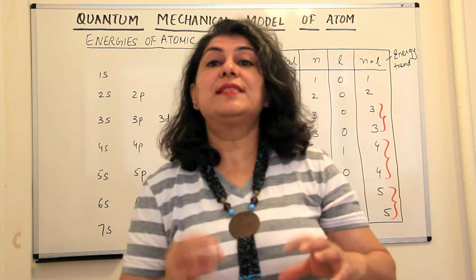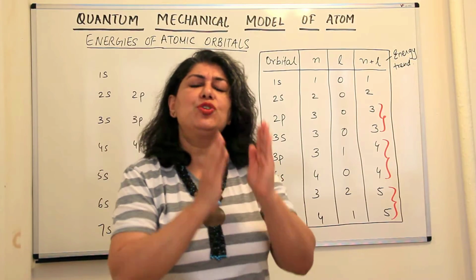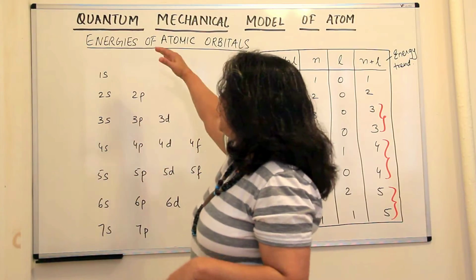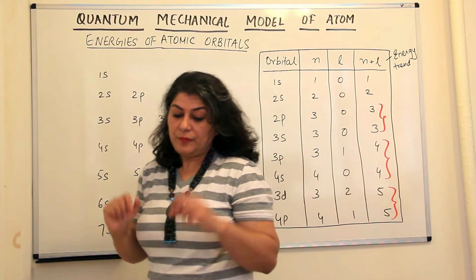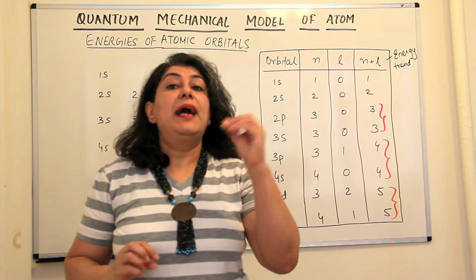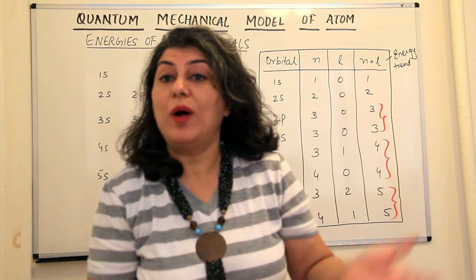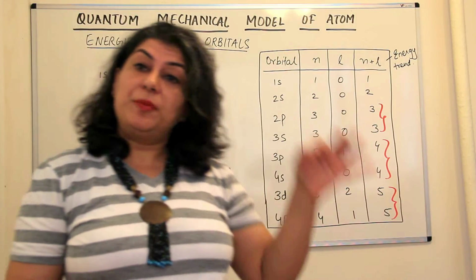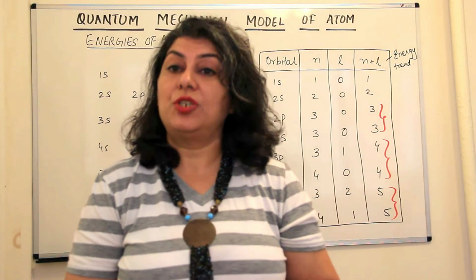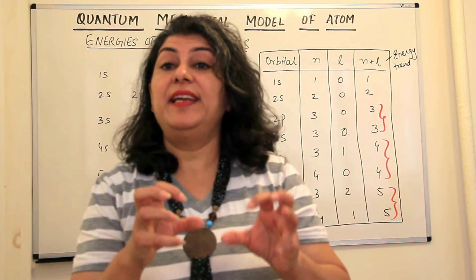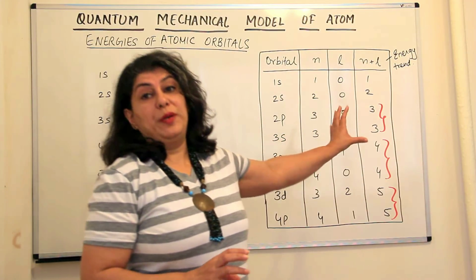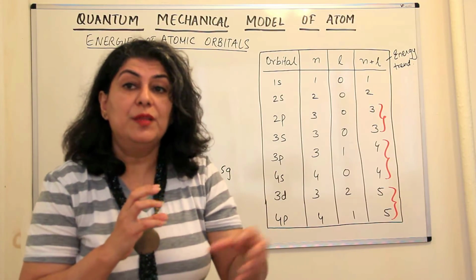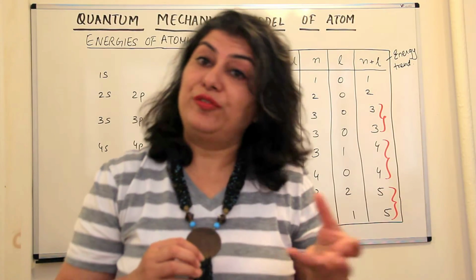As a result, we now need some way to find out how the energy increases in these orbitals. For polyelectronic atoms, or atoms which have more than one electron, it was found that the sum of the principal quantum number and the azimuthal quantum number decides the energy of an orbital. The higher the sum, the more will be the energy of the orbital.